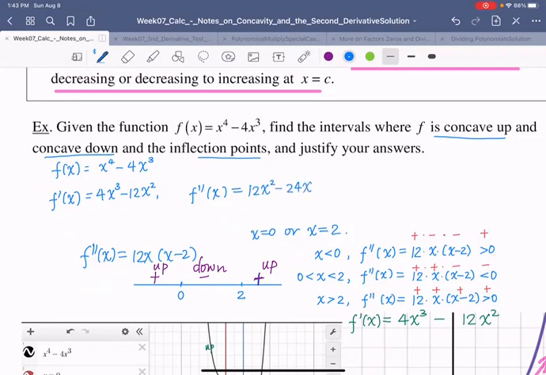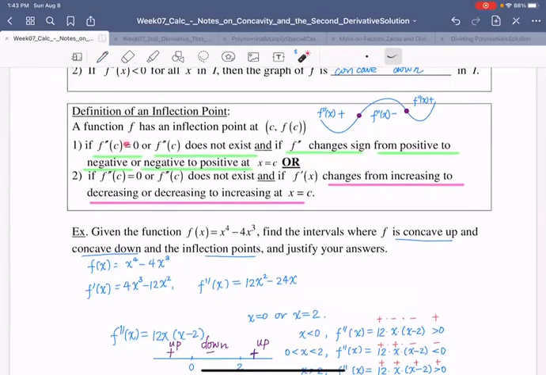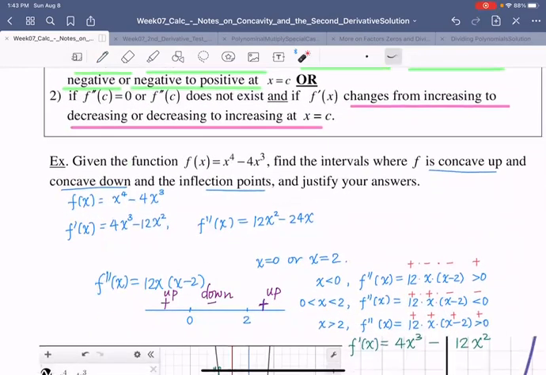As we mentioned over here, we want to make it equal to 0 to find the inflection points, correct? So we want to make this equal to 0. Then we found x equals how much? 0 or 2. Okay, so you found your x to be 0 or 2.